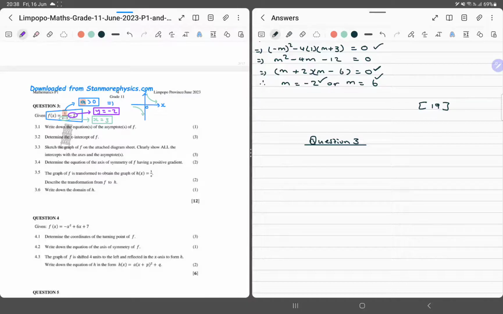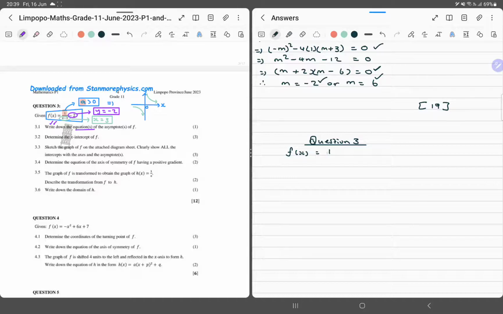It says now write down the equations of the asymptotes. So all you need to do is answer 3.1. Maybe we can just write our function first.